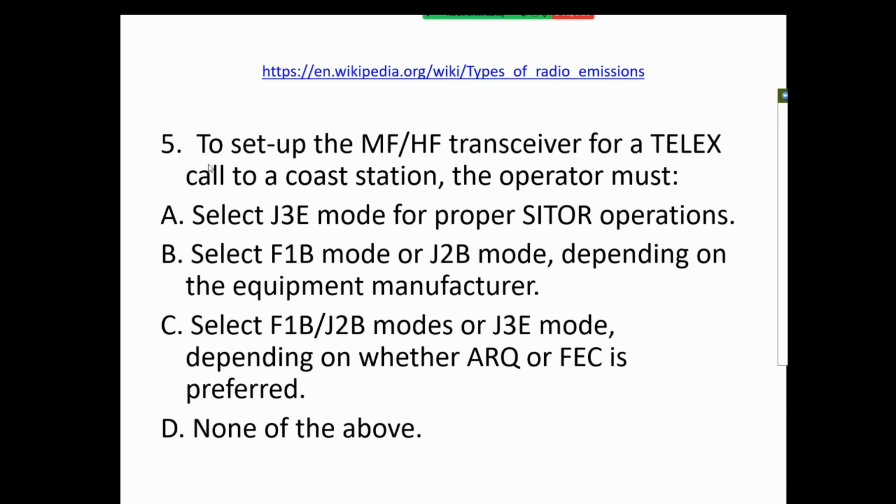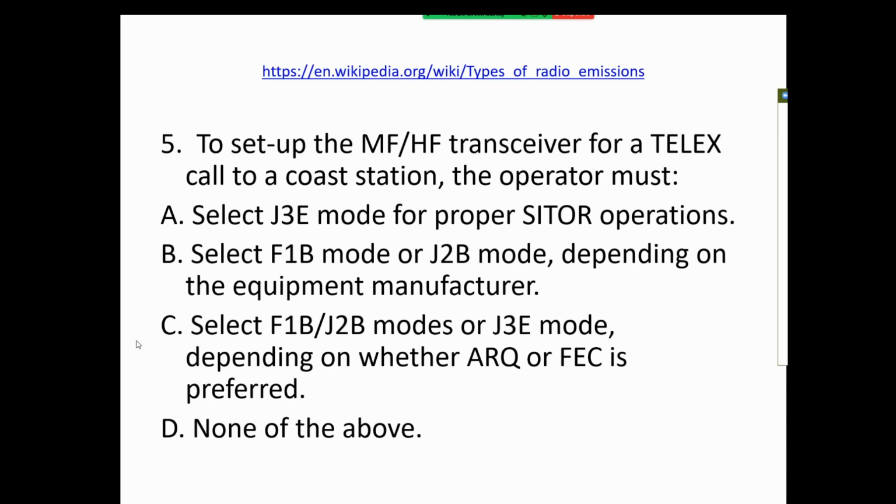Now, if you remember, A was telegraph by voice. B was telegraph by machine. Now, that might be it, telex. And that was the B mode. As a matter of fact, that first list did have F1B and J2B. So that one, I'm not going to discount that one.